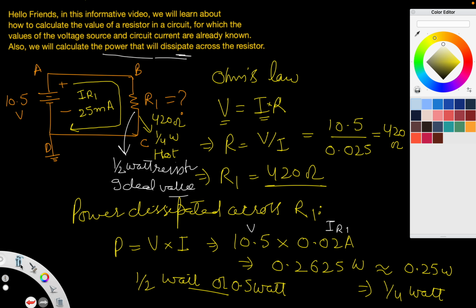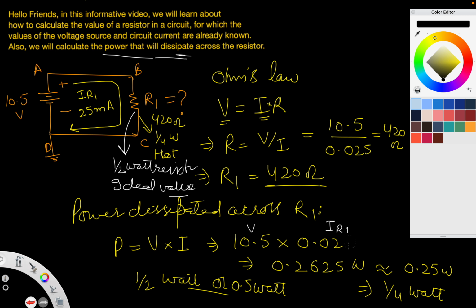Just a moment. We'll erase this here. Or better, we can use the brush tool. Sorry for that. We have made some mistake here. Actually, it is not 0.02 ampere, but the calculation is correct because I had already calculated it, so I just reminded it.